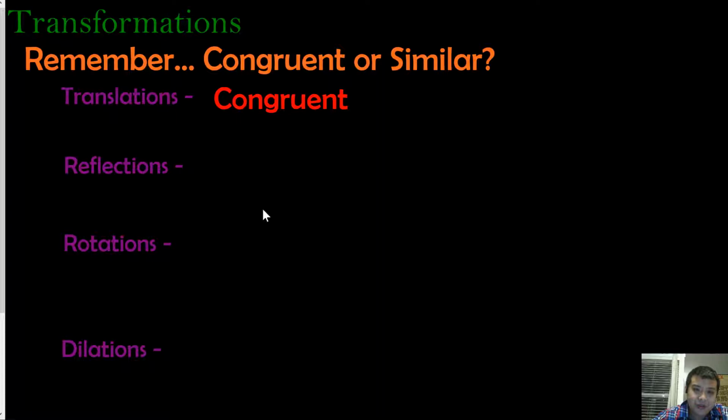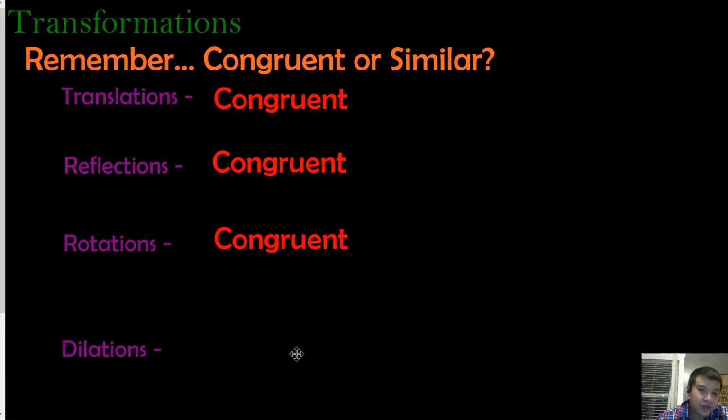Reflections are also congruent, and rotations are congruent. Dilations change the lengths of the sides in a proportional way, maintaining the same shape but just bigger or smaller, so they are similar. If you do not recall these definitions, I highly recommend going back and reviewing these because they are incredibly important going forward.